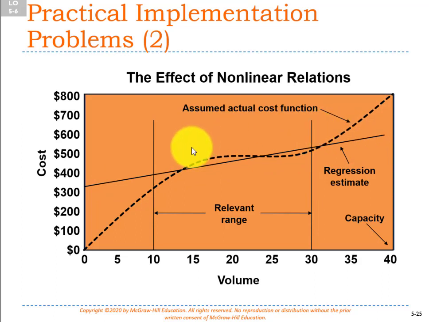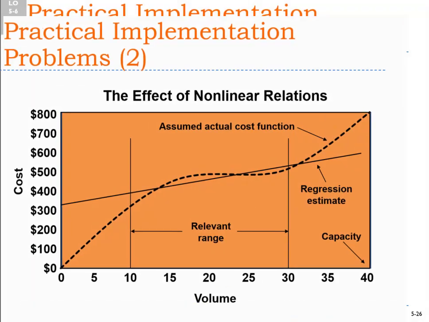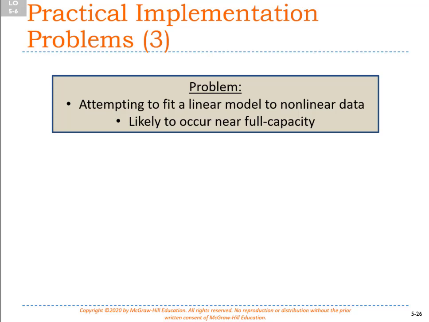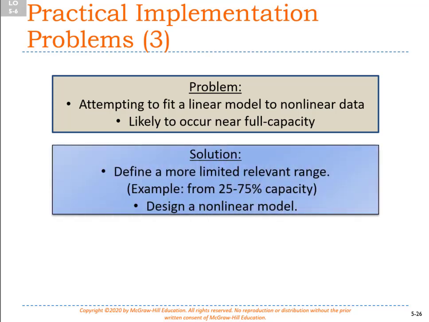So staying within the relevant range will help somewhat with nonlinear relationships. Near full capacity or small capacity is often a problem. So we're going to define a limited relevant range, or if we have higher level math skills, we can use a nonlinear model. The math involved is much more difficult, but it can be done.